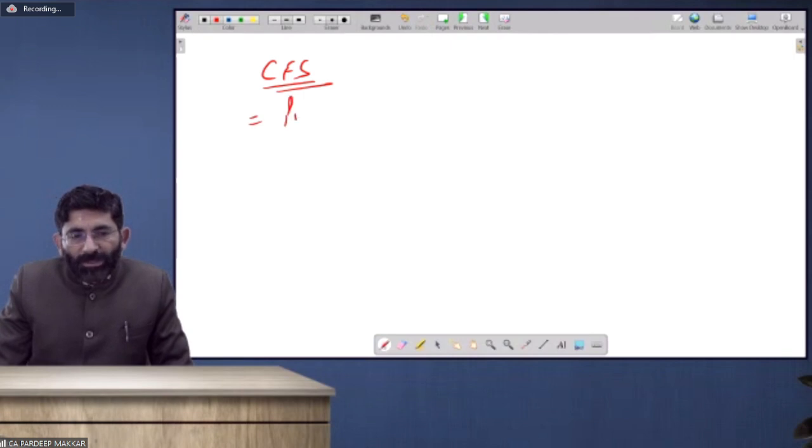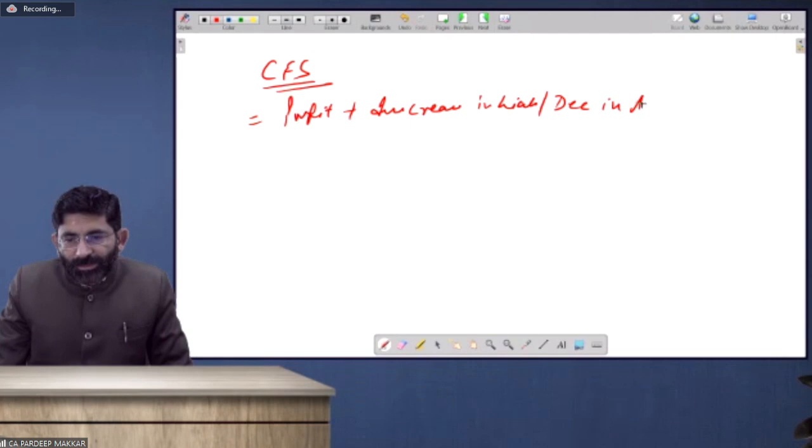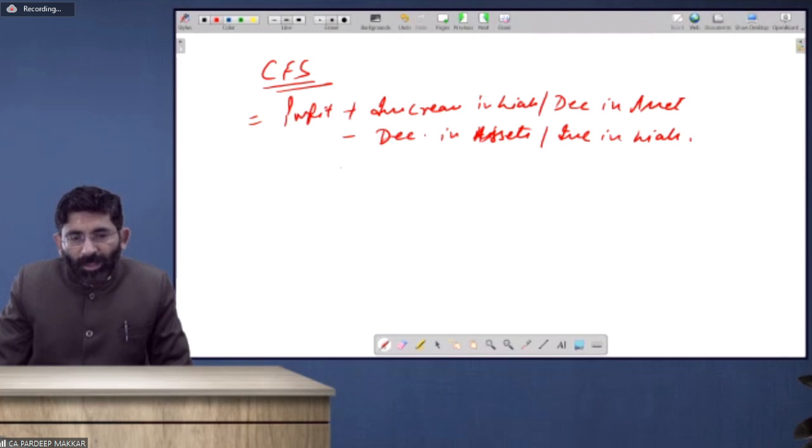whatever the profit is there, we are adding increase in liabilities or decrease in assets, deducting decrease in liabilities, increase in assets. These are all about current liabilities, sorry, these are current assets.